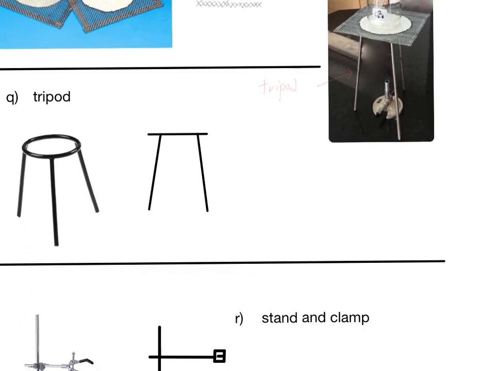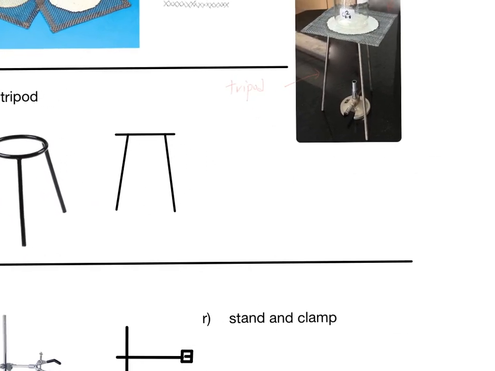While the tripod, again, this is easy because they are all just straight lines. You can use your ruler to help you. You should use a ruler.